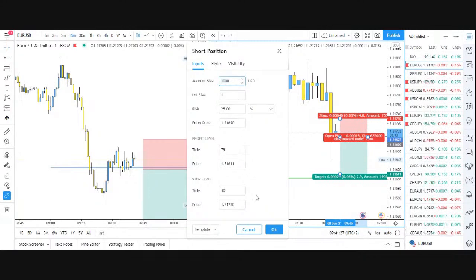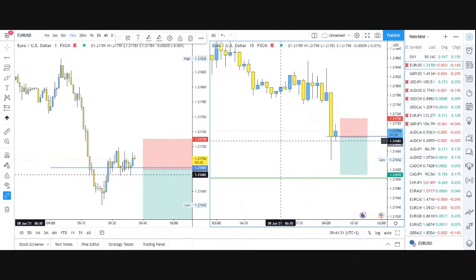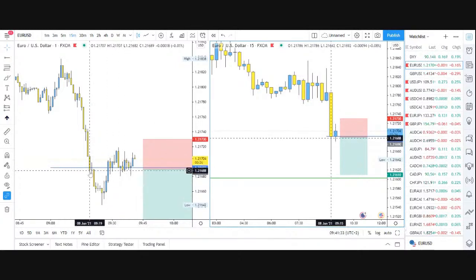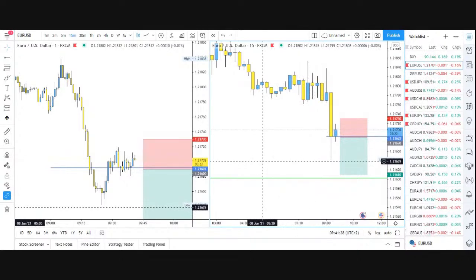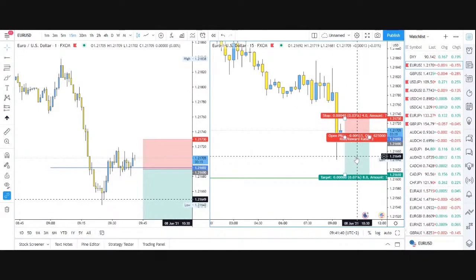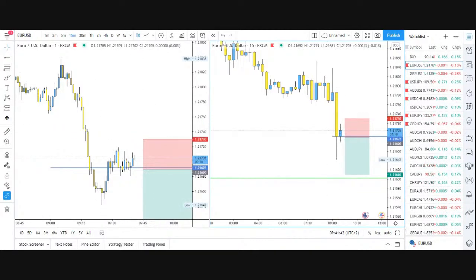I don't even think AUD is going to turn bearish. I think there's more likelihood that this turns bearish than AUD actually turning bearish. 4 pips, that would be 12.5.